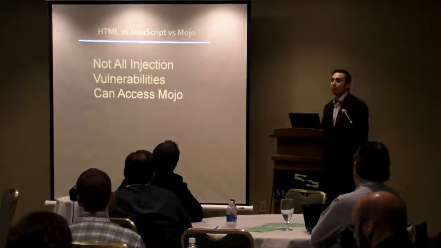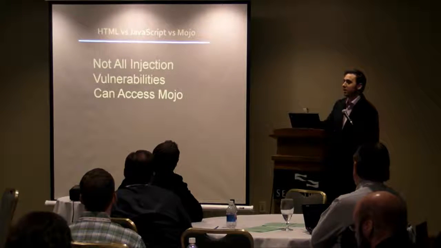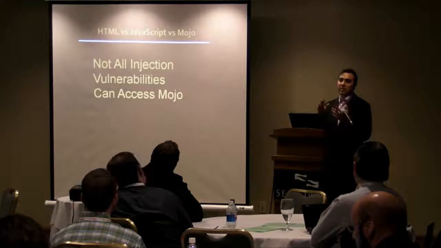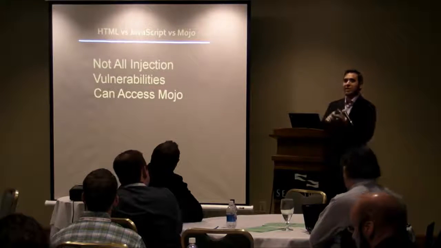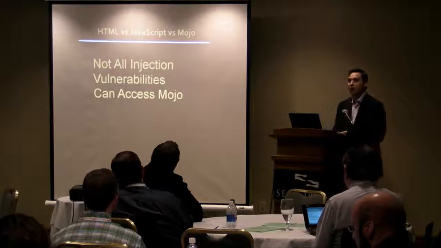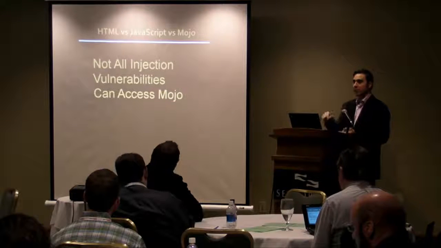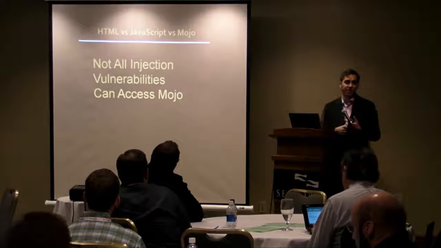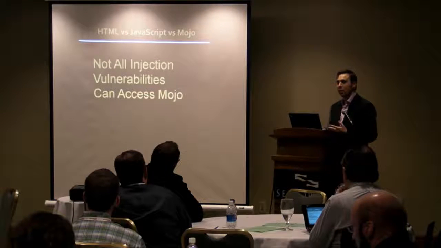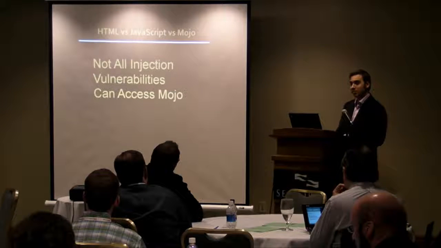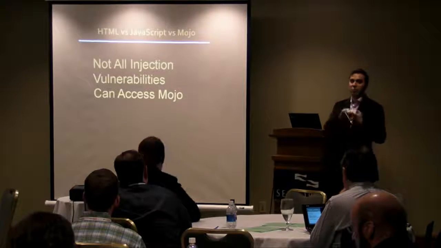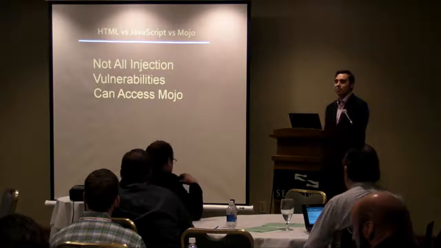One thing that we really want to point out is that there are basically 3 different types of injections. You can get HTML injection. Depending on where you get the HTML injection, you might be able to launch documents or web pages without clicking, but you won't be able to execute JavaScript. Sometimes you can execute JavaScript, but you can't access Mojo.